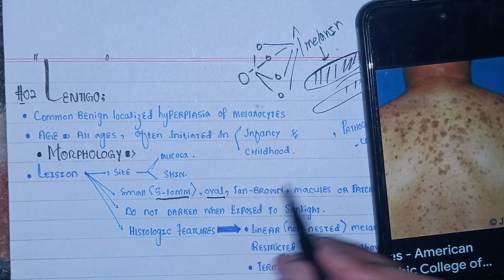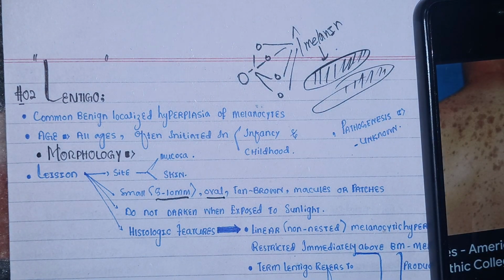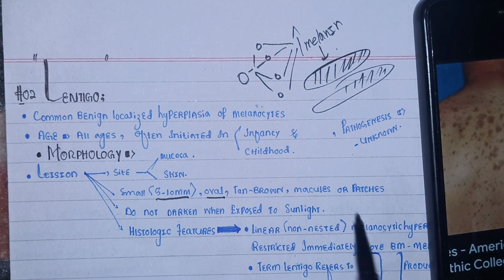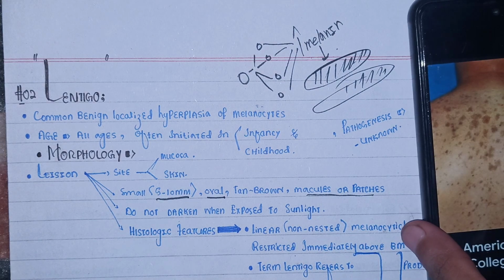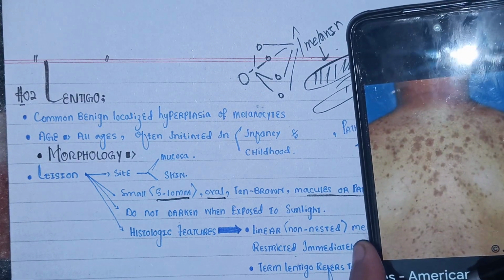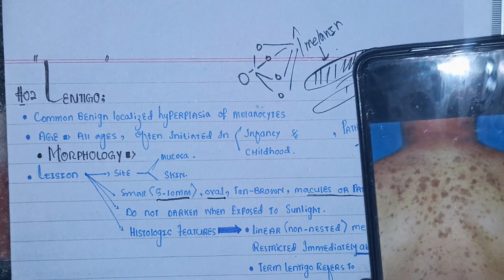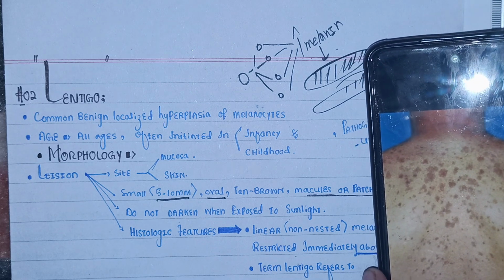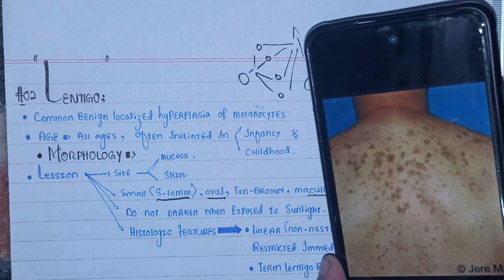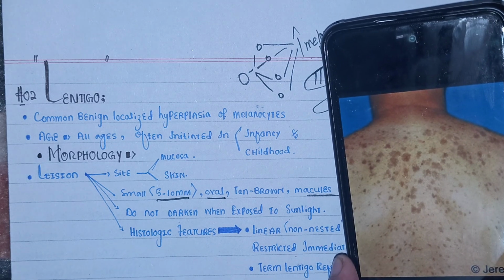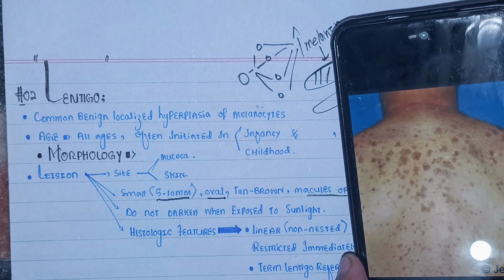They are oval, tan brown macules or patches. Macules are a little smaller, patches a little larger, but mostly you see these are patches. Freckles were all macules, but lentigo are not all macules. They are mostly patches and few are macules, so they are a little larger.